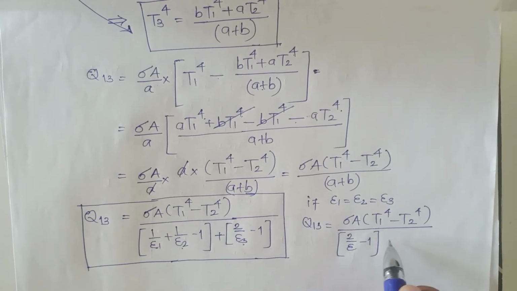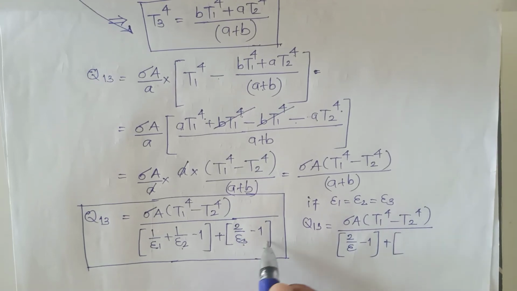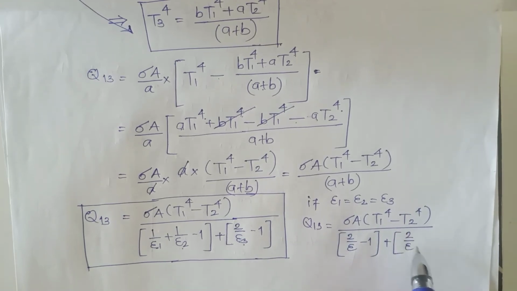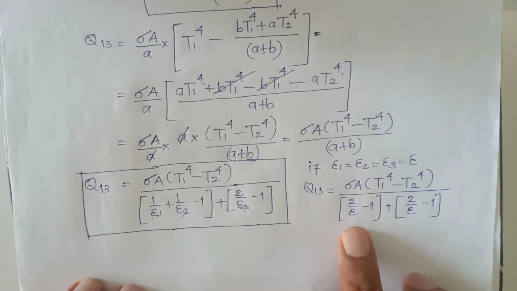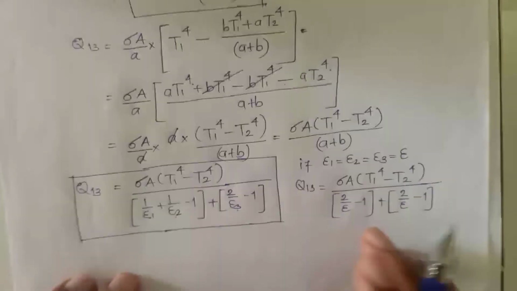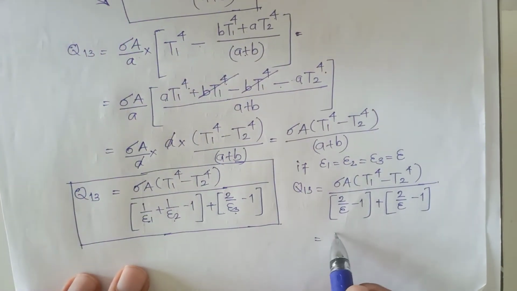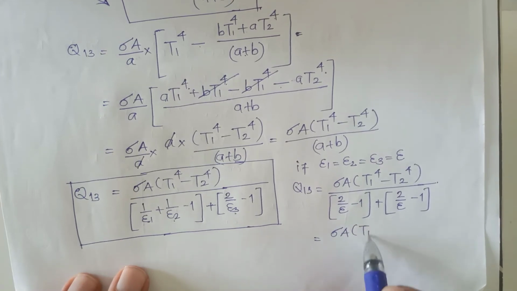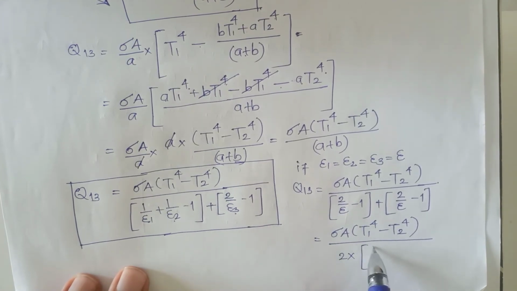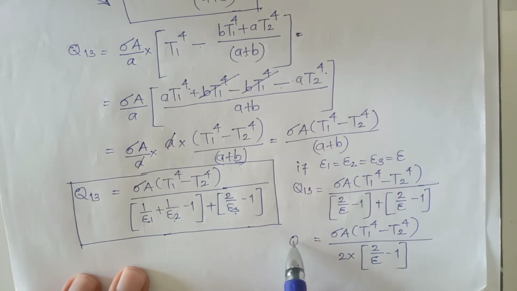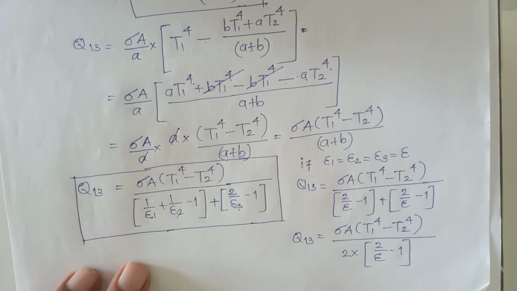We will write it in a very convenient form, plus again this is as it is 2 upon epsilon, as we have considered this as epsilon. So we see that this is 2 times the entire bracket, so we can write that it will be equal to sigma A into T1 raised to 4 minus T2 raised to 4 divided by 2 times the bracket 2 upon epsilon minus 1, that is Q13.